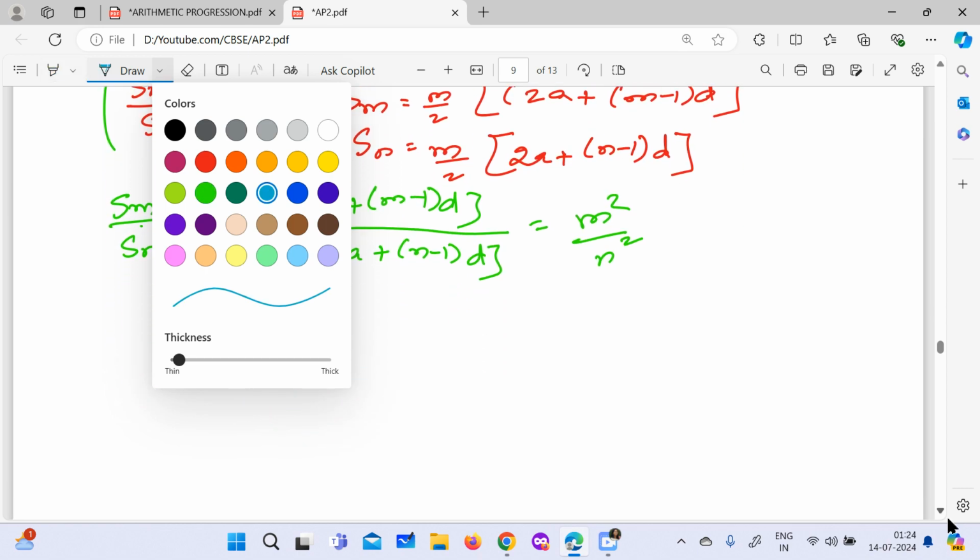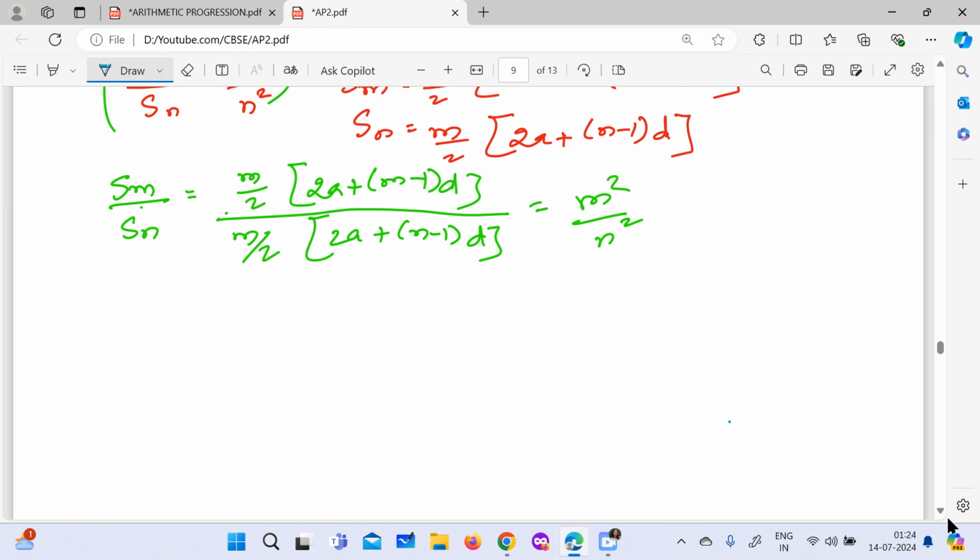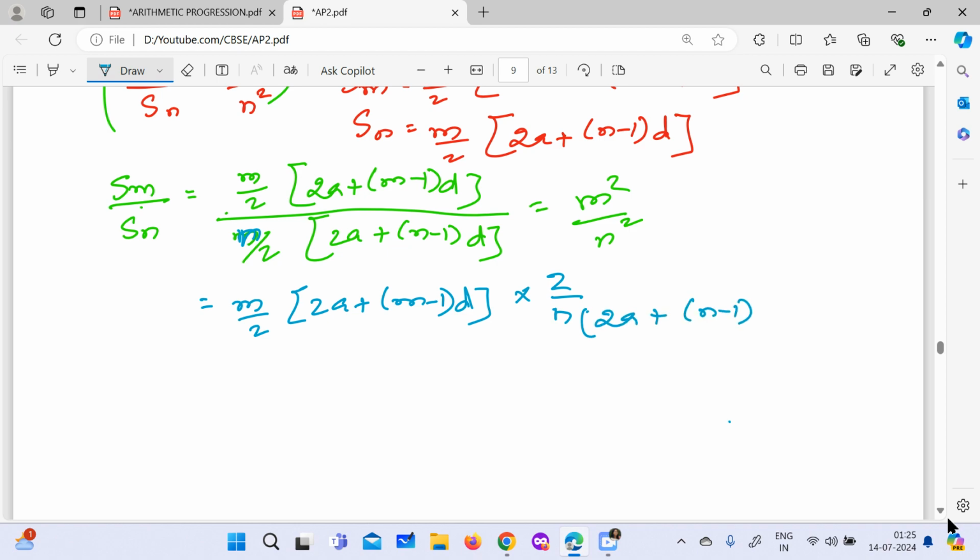We can write m over 2 times 2a plus (m minus 1) into d, and then times 2 over n, and you can write 2a plus (n minus 1) times d. I wrongly mentioned m there earlier; it should be n.